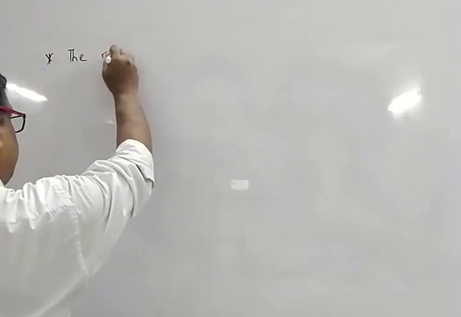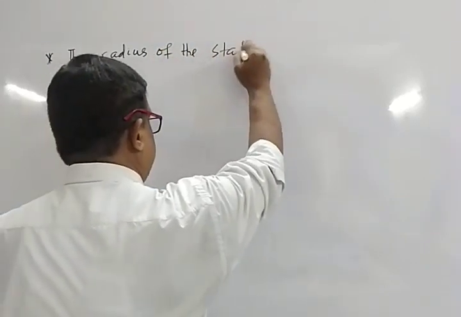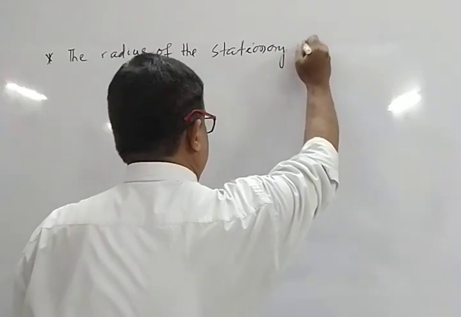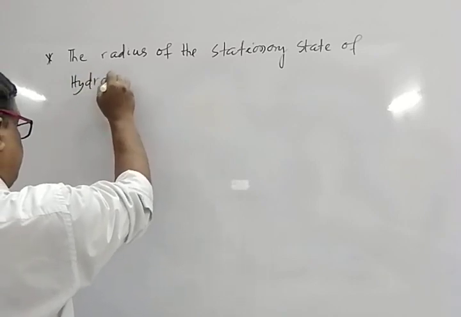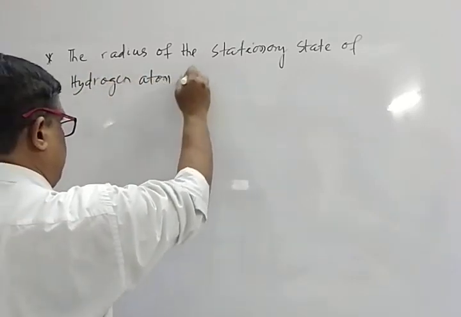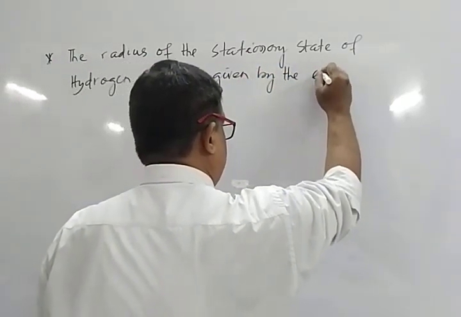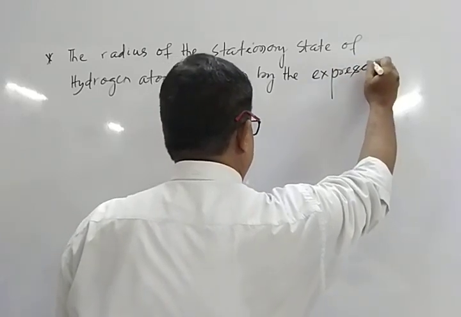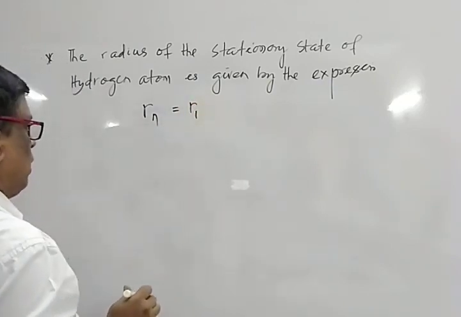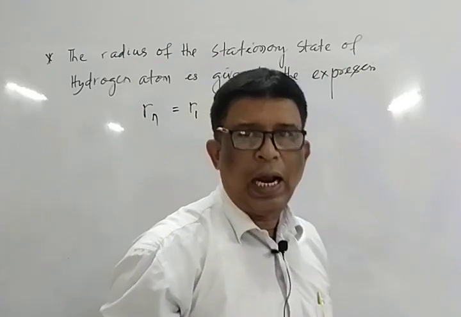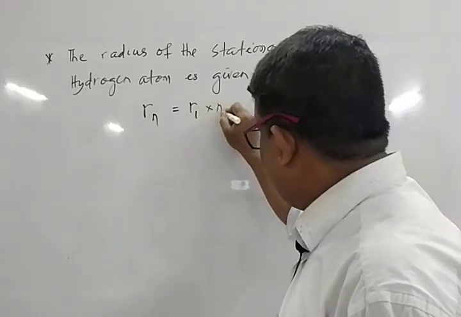The radius of the stationary state of hydrogen atom is given by the expression Rn is equal to R1 into n square.